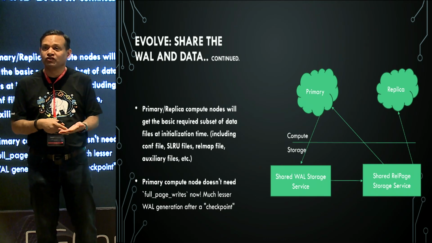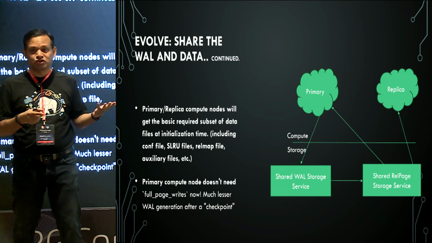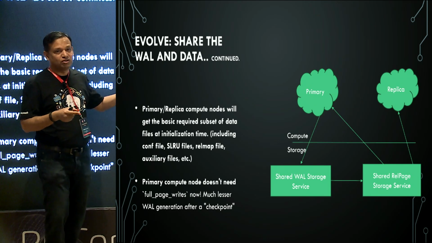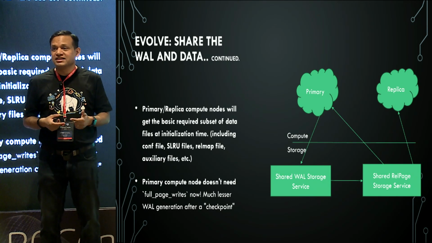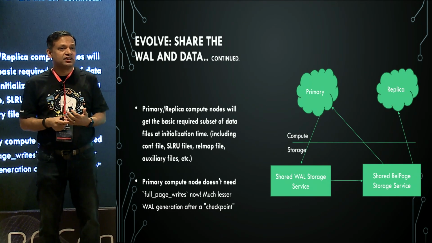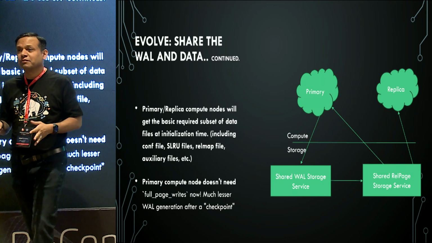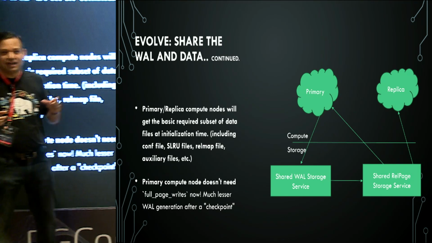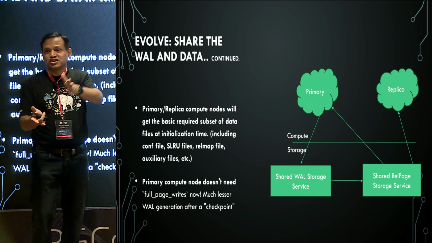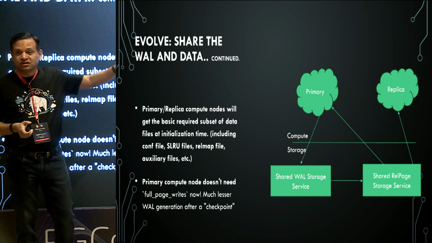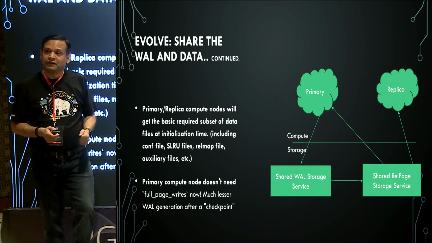So the configuration parameter file, postgresql.conf, the starting system catalog information, the SLRU transaction visibility information, rel maps and other auxiliary files, and typically that's going to be a very small tarball which needs to be sent to the nodes to start up, right?